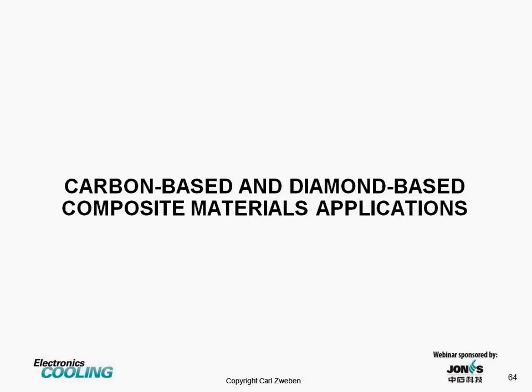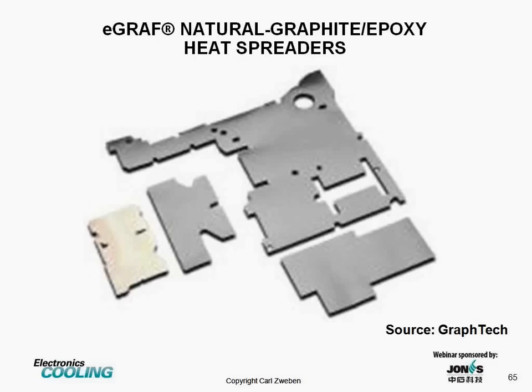Thank you, Belinda. Let's turn to carbon-based and diamond-based composite materials and applications. I showed a couple of these slides in my last seminar, but most of the applications here are new.